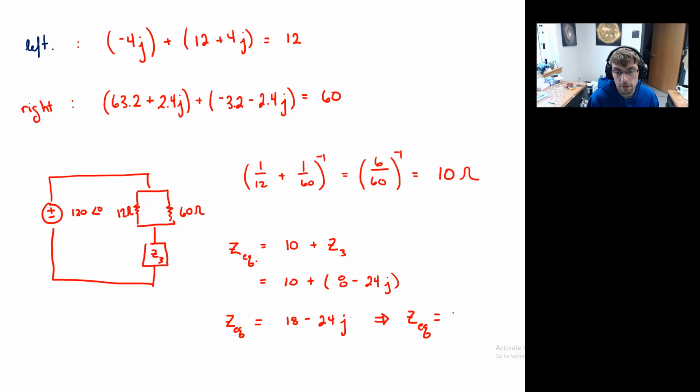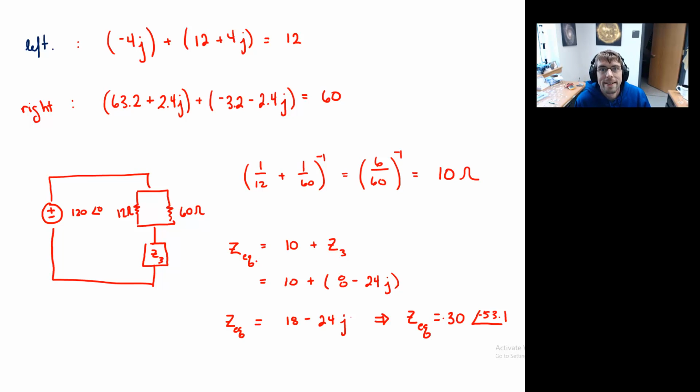So our impedance has a magnitude of 30. And let's go ahead and find out what the angle is. Arctan of 4/3. So I get 53.1, and notice it's a negative, so I get negative 53.1.